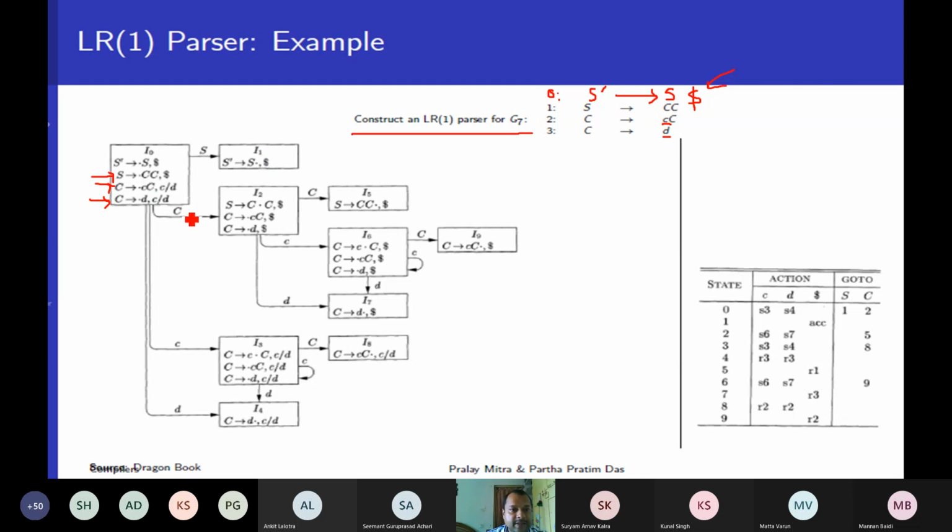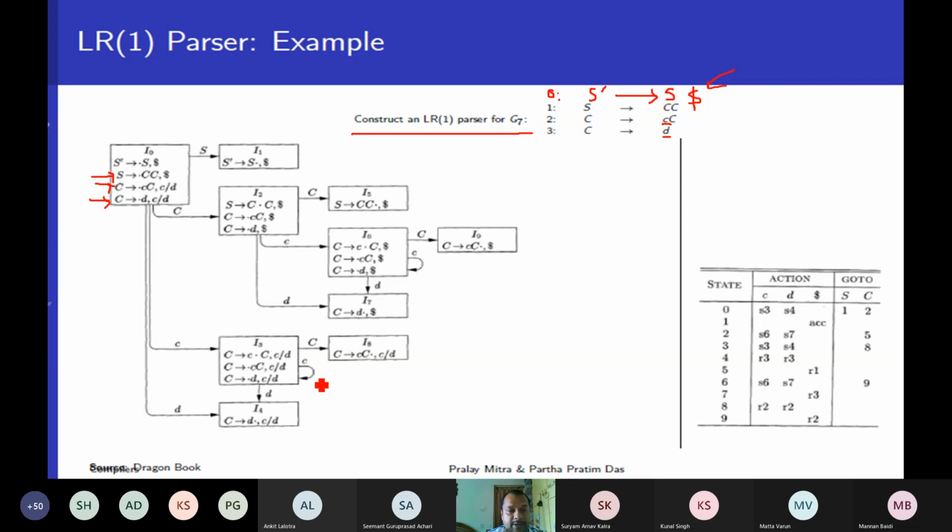If I see C, non-terminal C, then I will move on to I2, and following the closure property, production rules 2 and 3 will come, but here the look ahead is dollar. If my look ahead is C and I transit on C, then I will go to I3.